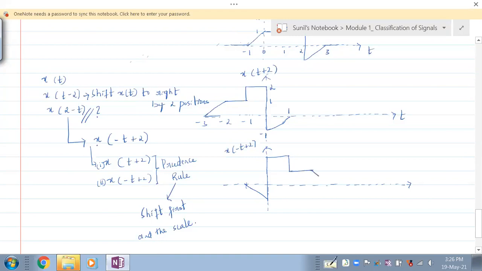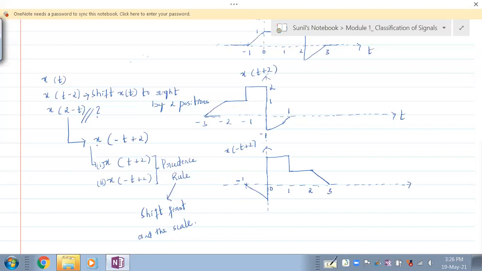Then from there it will do like this. So this is -1, 0, 1, 2, 3. So this is what x of -t plus 2 should look like. Is this okay with you everybody?